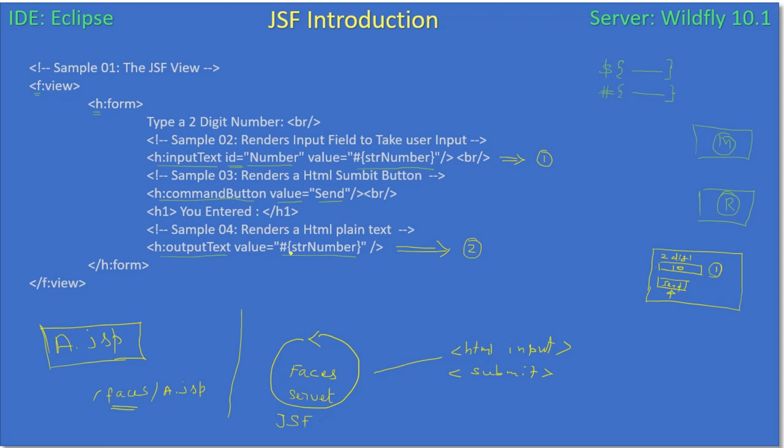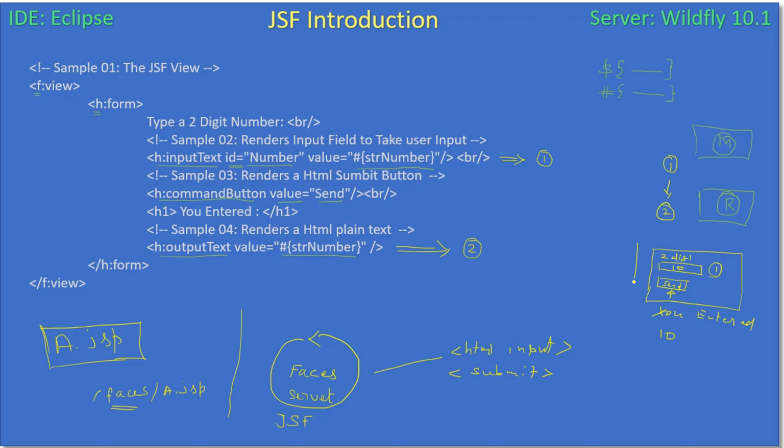Then during the output phase, whatever data it stored in str number internally, here it is reading it. At 2 we are reading the content of 1, so that's what gets printed here. So you entered, and you will get 10.